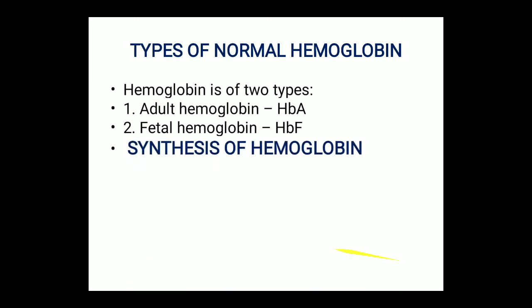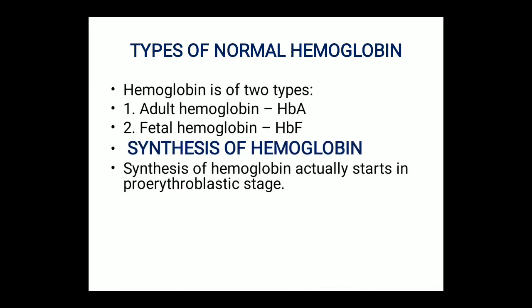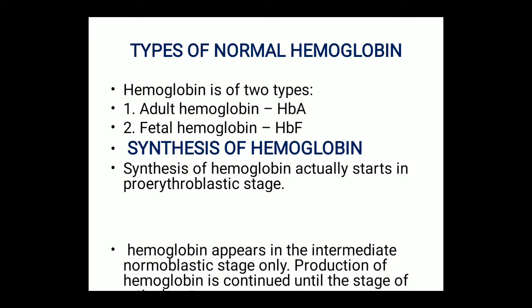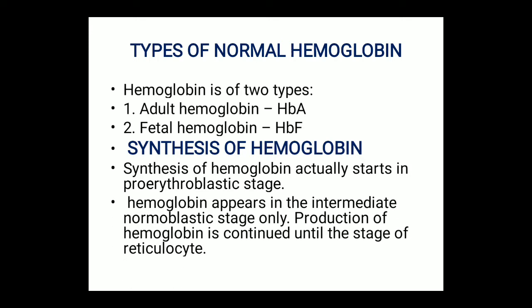Synthesis of hemoglobin. Synthesis of hemoglobin actually starts in the proerythroblastic stage during erythropoiesis, the formation of RBC, red blood cells. Hemoglobin appears in the intermediate normoblastic stage only. Production of hemoglobin continues until the stage of reticulocyte.